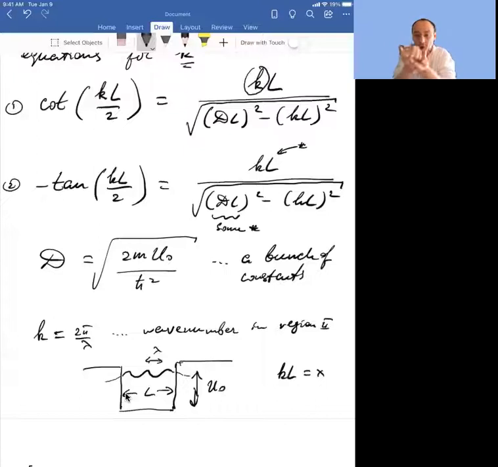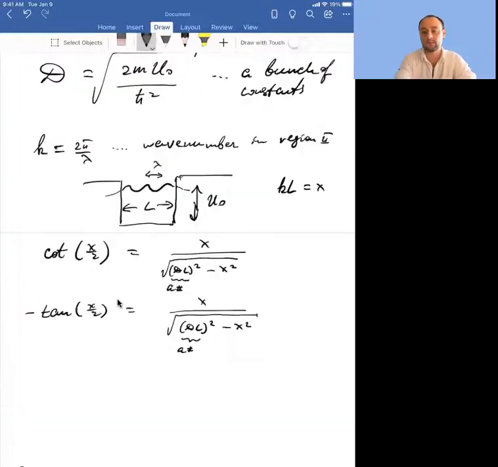So we can call KL X. It's going to be simpler. And DL is just some kind of a number, like 17. So let me rewrite these things neater with X instead. It's just going to look a little bit easier on the eye. That's all. So let me do that.